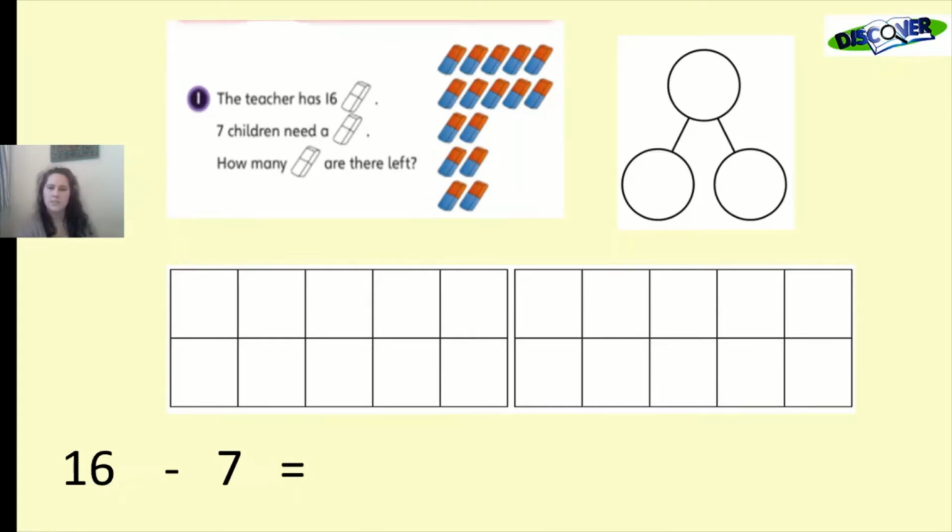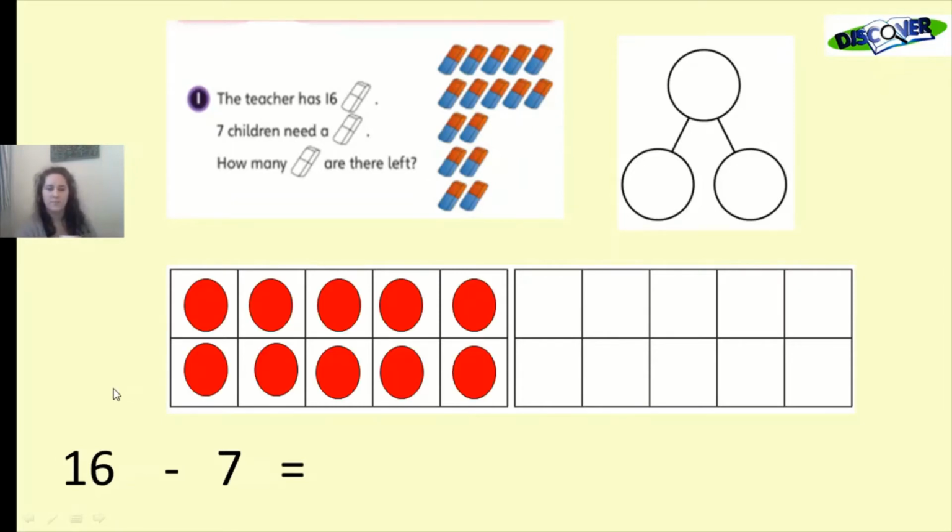So what I'm going to need to begin by doing is representing those 16 rubbers on my tens frame. I know that 16 is split into a group of 10 and 6 ones. So I'm going to put those in. I can fill in this whole tens frame for my group of 10. So I'll start by doing that. There we go.